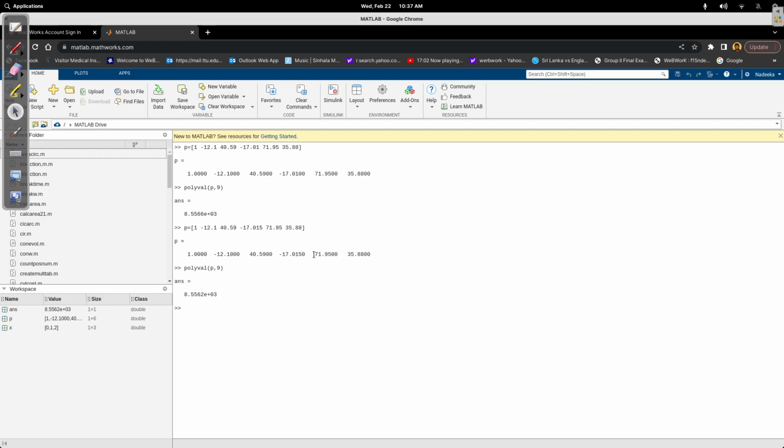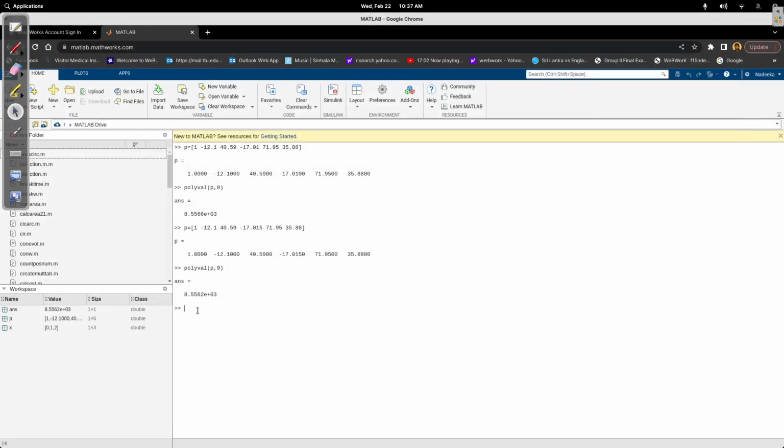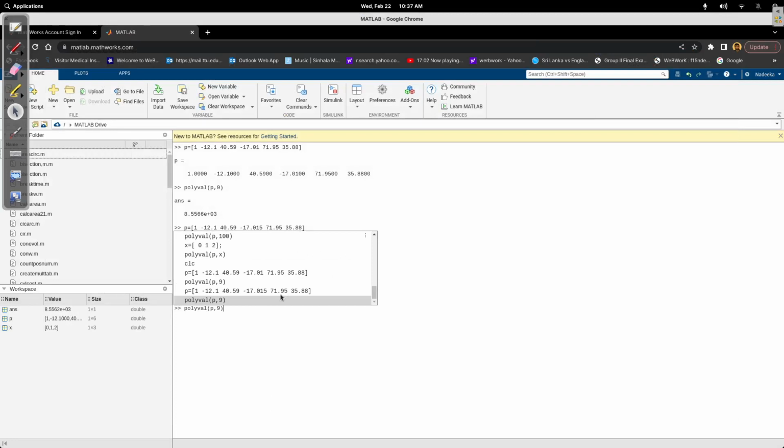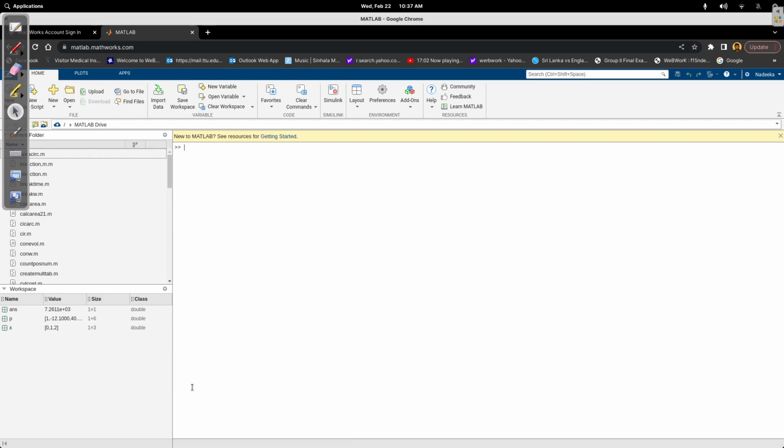This third one is a negative. Again I missed the third one, sorry, because there are many coefficients. I am comparing it with the previous answer. So that's correct. Sorry, I kept entering the wrong coefficient. So this is the polynomial, and this is the value at 9.